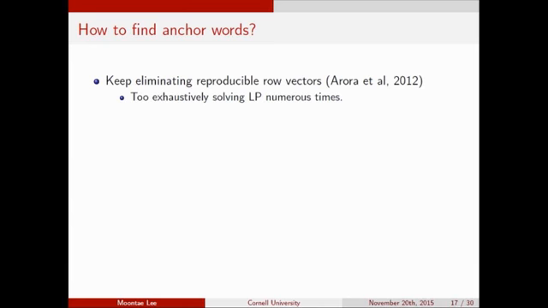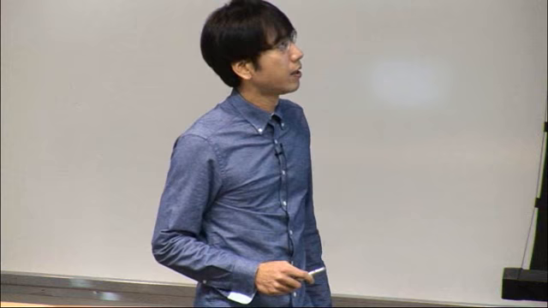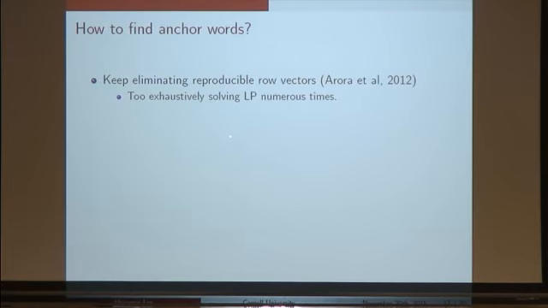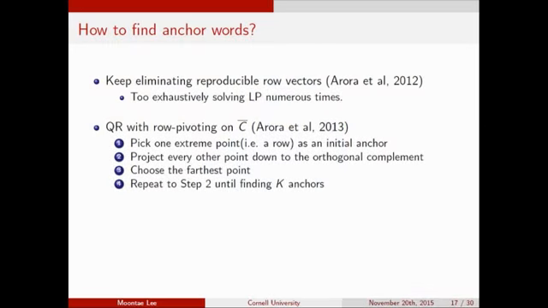So finding anchor words really matters. At the beginning, Arora et al. in 2012 tried to solve a lot of LPs. Basically, pick one row in the co-occurrence matrix and see whether it can be reconstructed by all the other rows, which is a pretty exhaustive method, and it empirically doesn't work at all. Then people used QR with row pivoting, which is a very famous method in matrix algebra.